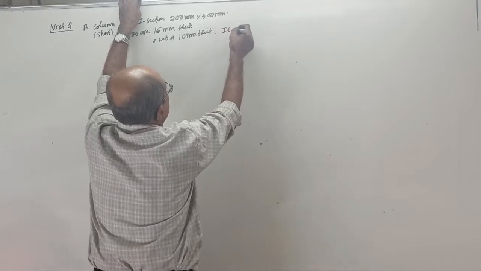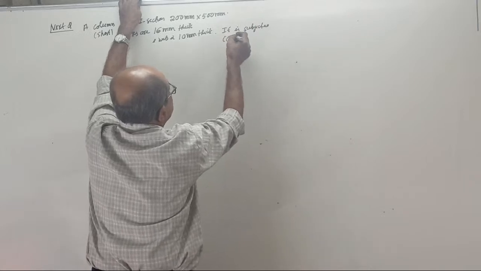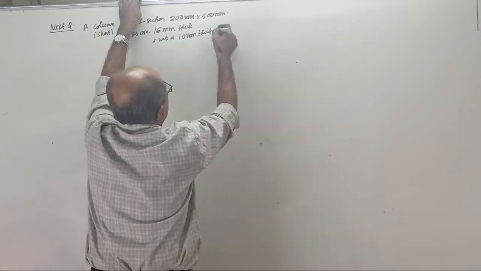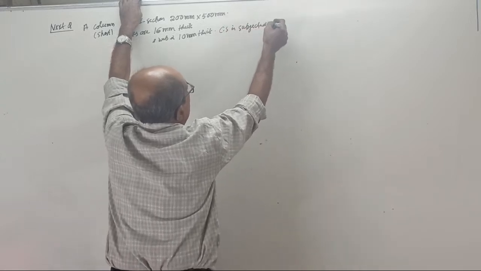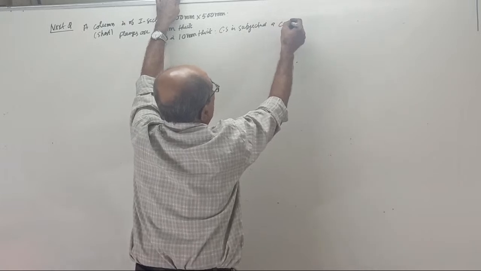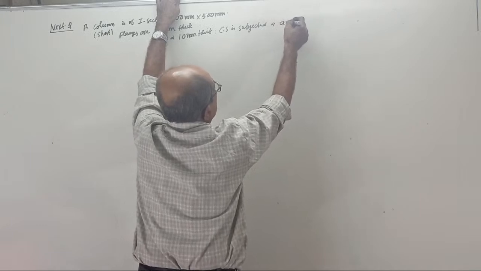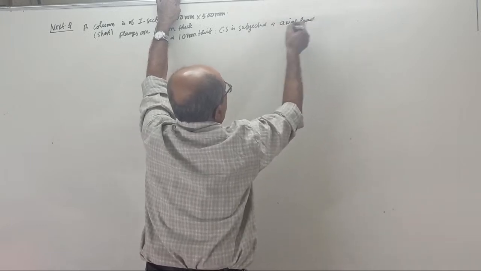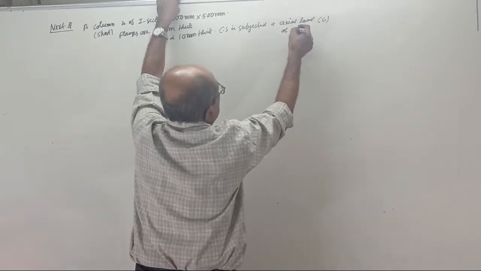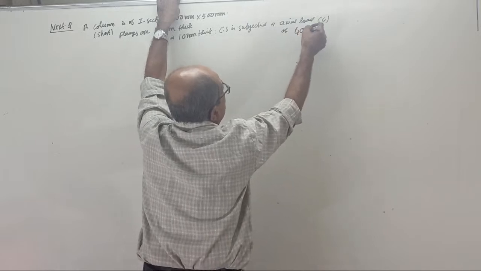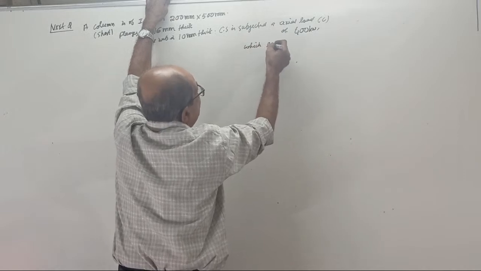It is subjected to, means the cross section is subjected to a compressive load or vertical axial load, compression in nature, axial load of around 400 kilonewton, which is eccentric.